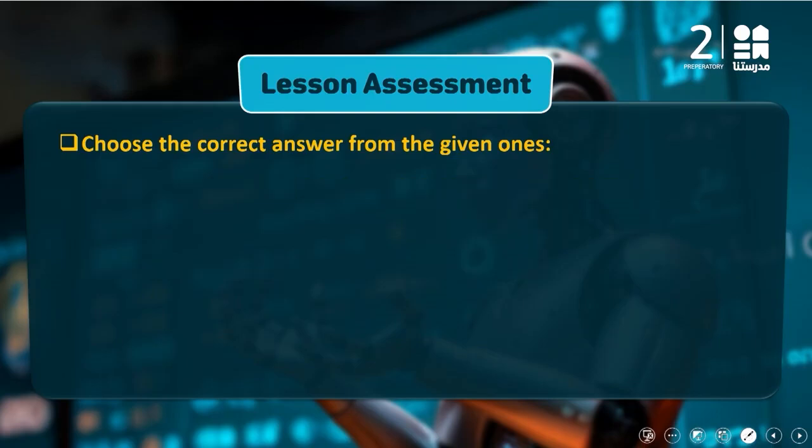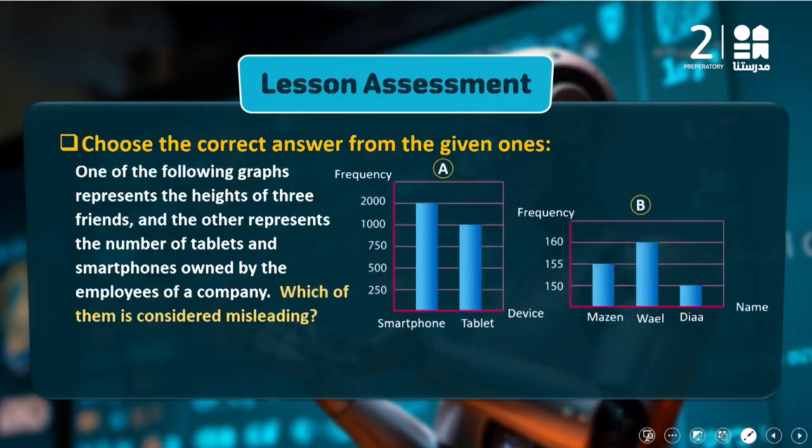Let's look at this example. Choose the correct answer. One of the following graphs represents the height of 3 friends and the other represents the number of tablets and smartphones owned by the employees of a company. Which of them is considered misleading? In figure A, the horizontal axis represents devices and the vertical axis represents frequency.